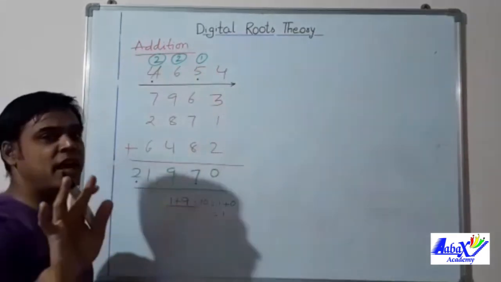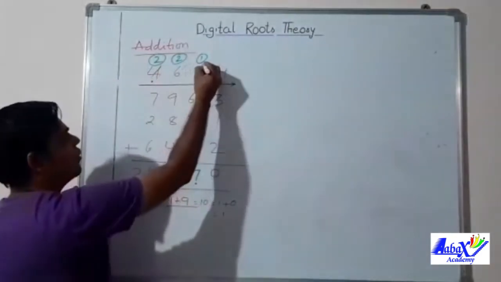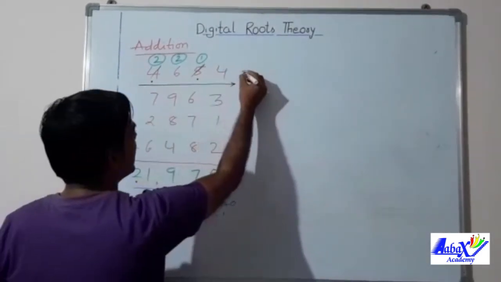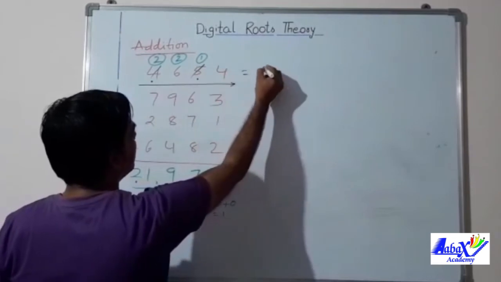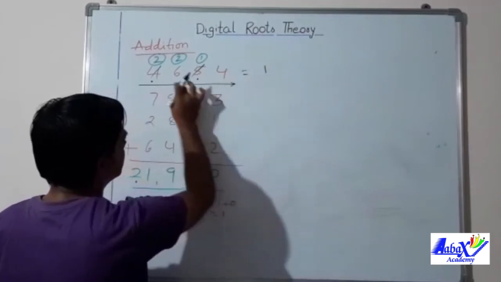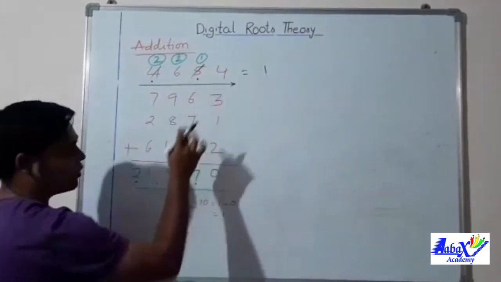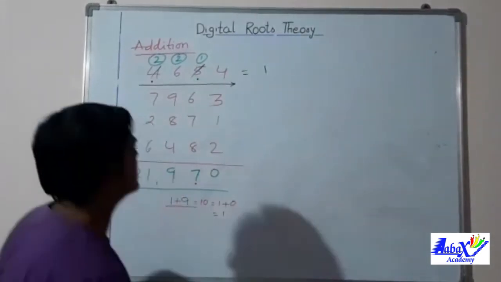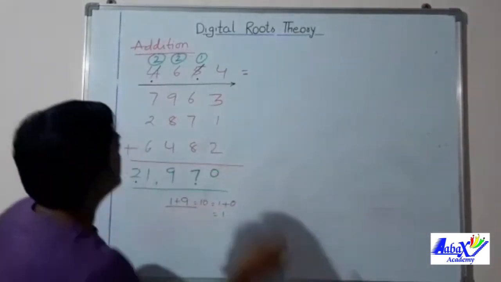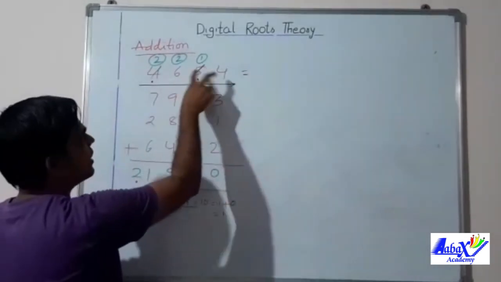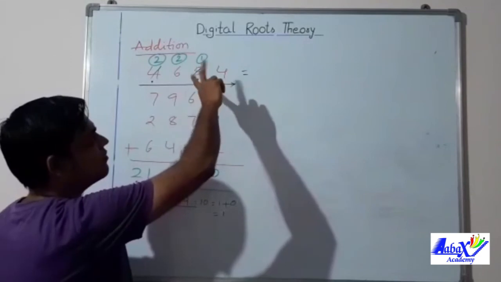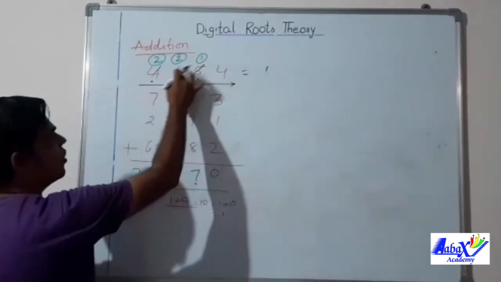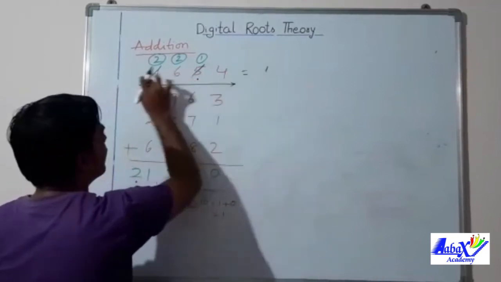But in examination time, don't cancel. 4, 5, 9. Then 6 plus 4 is 10. 10 where the value is 1. The digital root is 1. I hope you are understanding. Otherwise, I'll elaborate once. Here we got 6 plus 4, 10. 10 where 1 plus 0, 1. Okay, the digital root is 1 for this line.